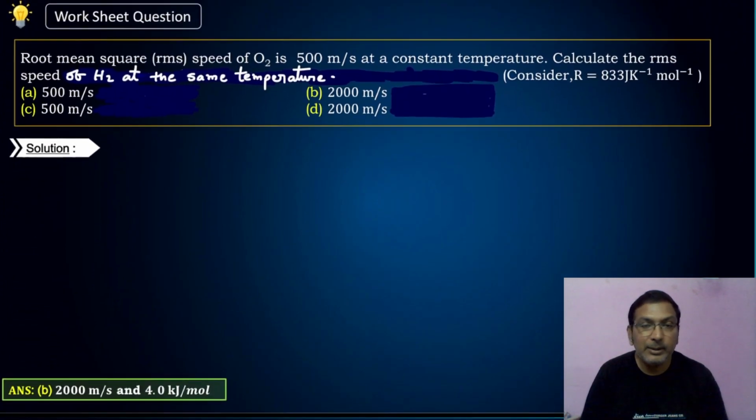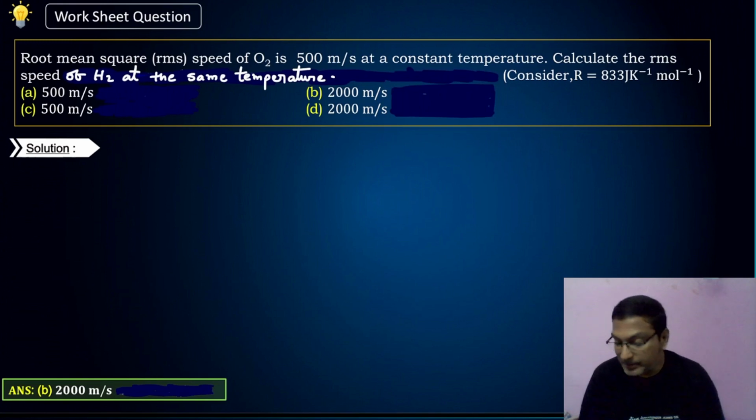Very, very important question. Here the root mean square velocity, RMS velocity, of O2 is given as 500 meters per second. Temperature is constant here. Calculate the RMS speed of H2 at the same temperature.